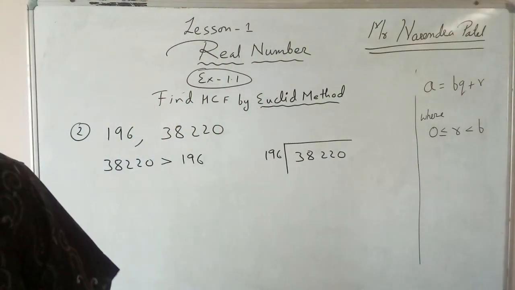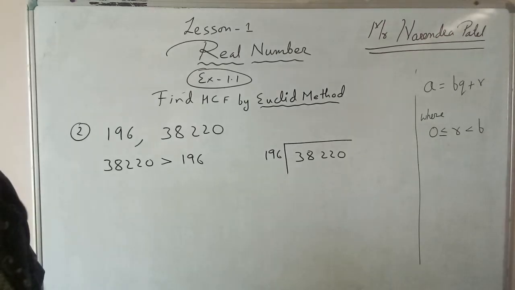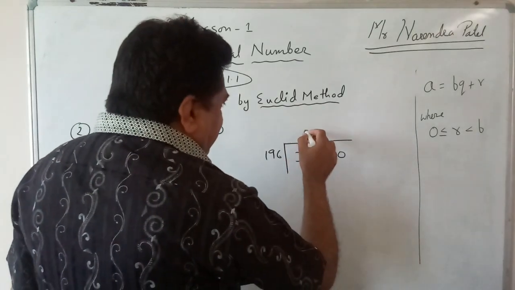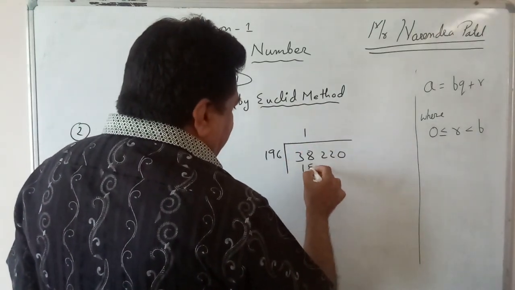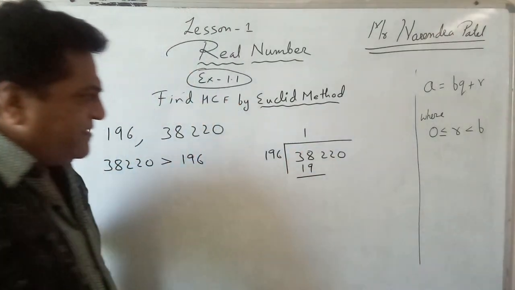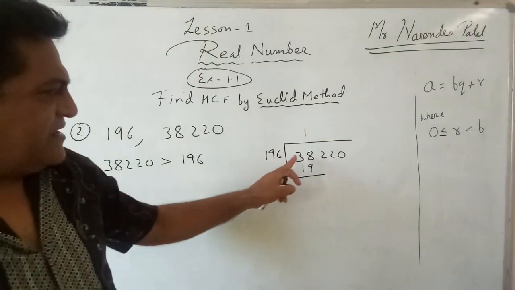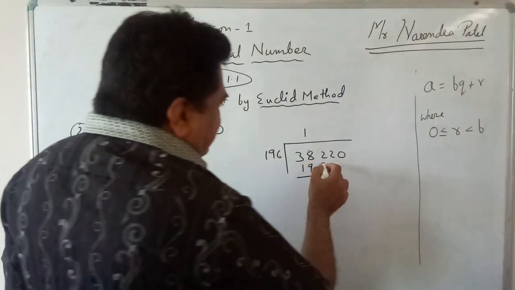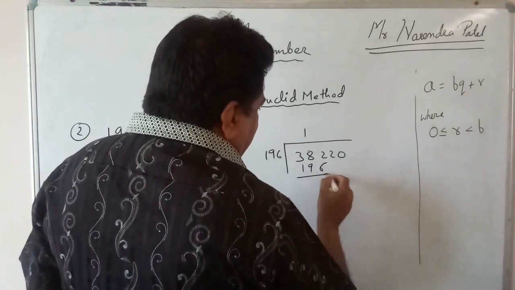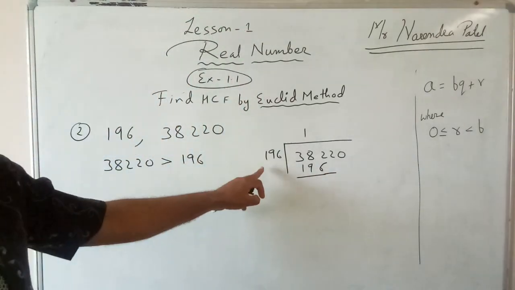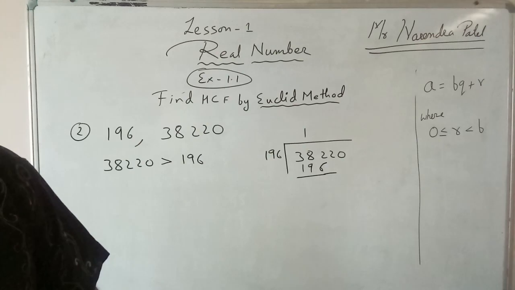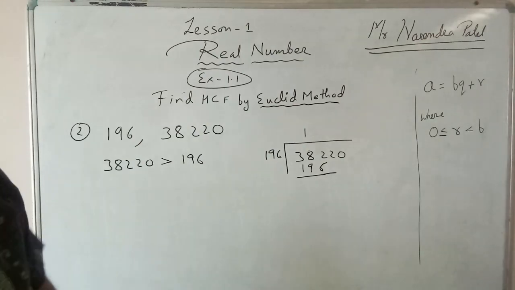I know that 196 1 ja, 196. If I take 2, it will become greater. So I am taking 1 ja.